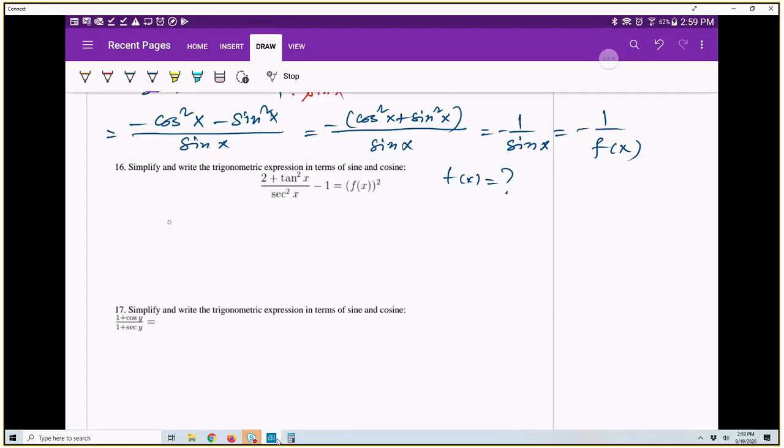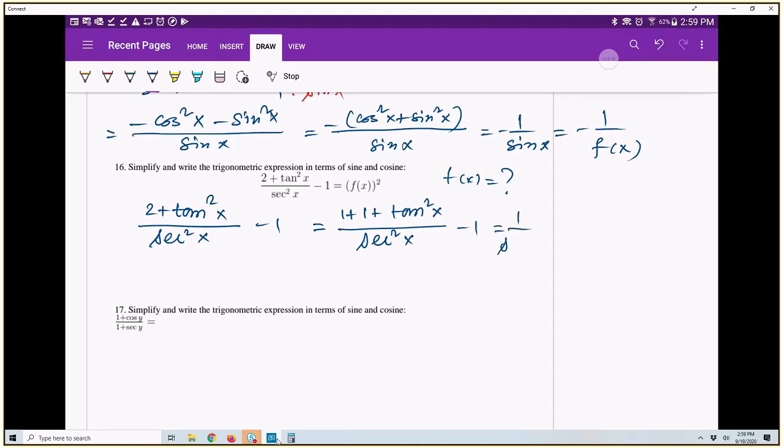So I'll start working. So I have 2 plus tangent squared x over secant squared x minus 1. And see what I do with this. The first thing I will do, I will write it as 1 plus tangent squared x. That's 2 over secant squared x minus 1, which is equal to 1 over secant squared x, and then 1 plus tangent squared x is secant squared x itself, and then you have this minus 1.